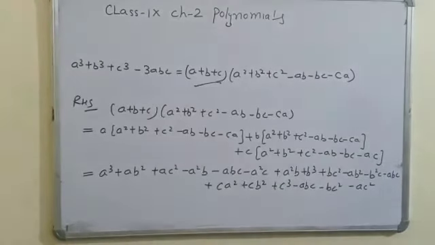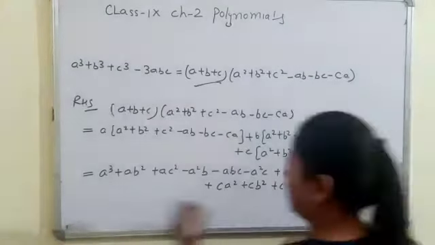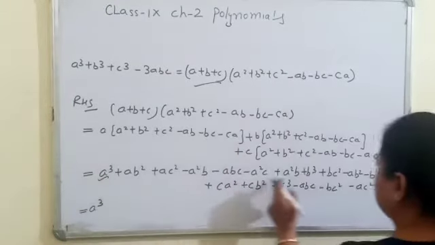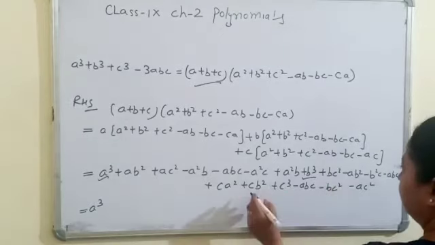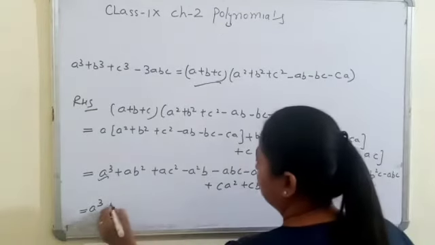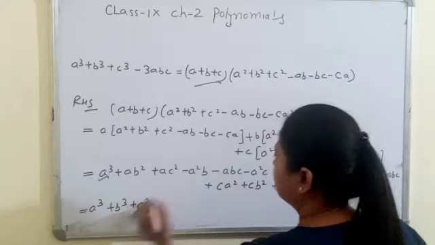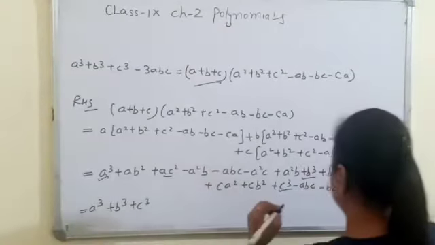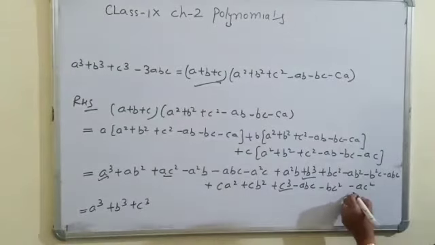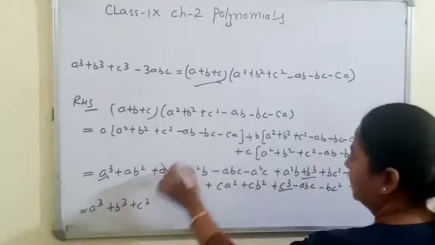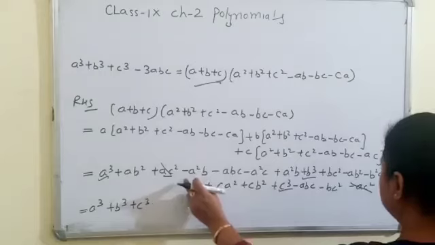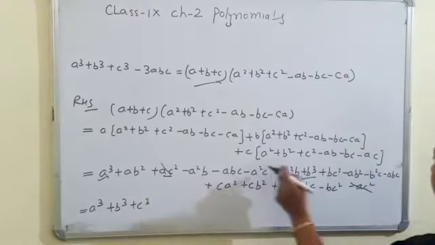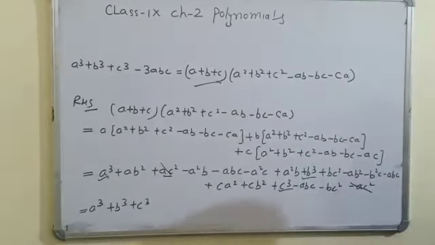Yes students, you can see here, firstly we can write a cube, and then b cube, and then c cube. a cube plus b cube plus c cube, plus ac square, you can cancel it by the minus ac square. Similarly, minus a square b, you can cancel it with the plus a square b.